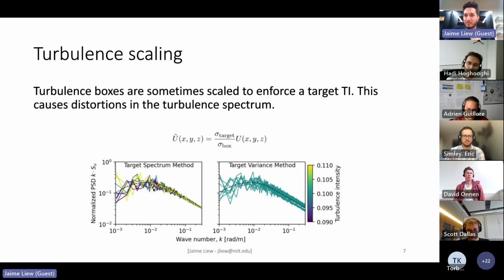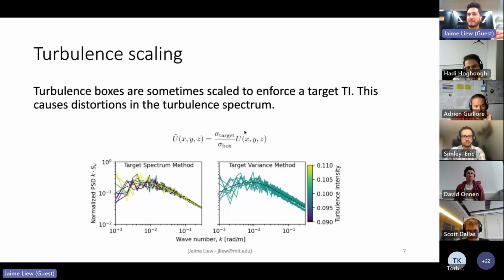On this left figure, we have the spectrum of a number of turbulence boxes. Each line is a different turbulence box, and we can see they are different turbulence intensities by the color of the line. So the color represents the turbulence intensity of each box, and it's not the same.